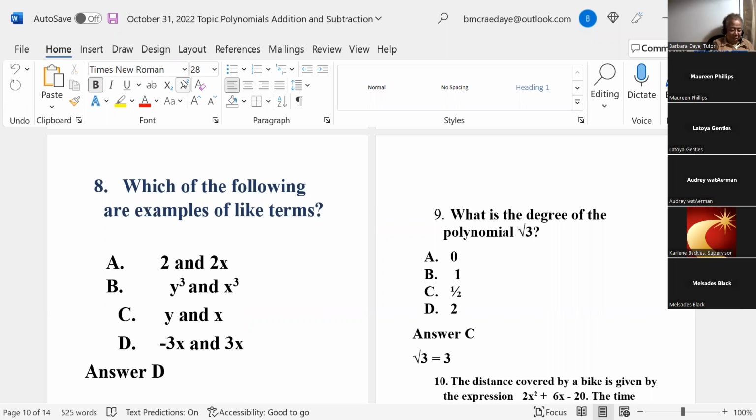So that's 3 to the 1/2. That's the way you write it. 3 to the 1/2 power. Put that into your brain. 3 to the 1/2 is the same as square root of 3. Got it?